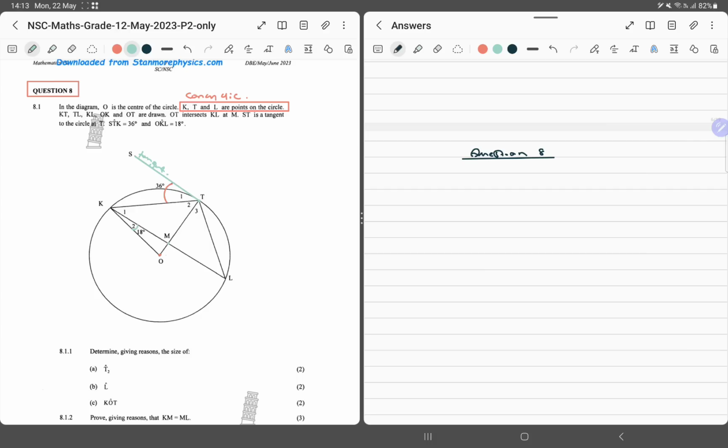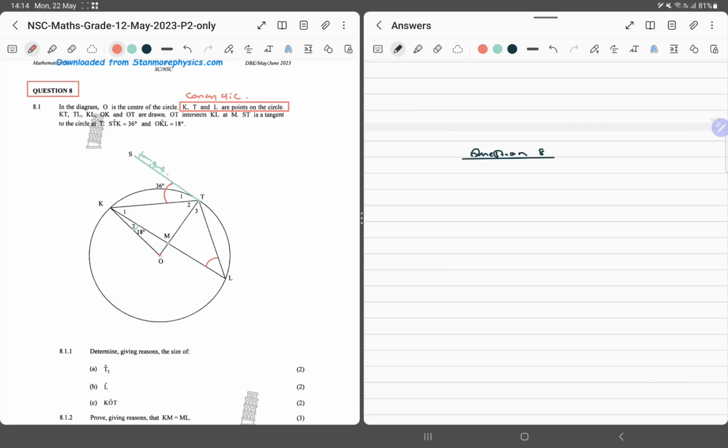Now let's think. What can we do here? Just forget about the questions for a while. Take some 2 minutes to look into this quickly. If this is a tangent, we know that the angle between the tangent and a chord KT will be equal to the angle subtended by that chord at the circumference. That is the tan-chord theorem.